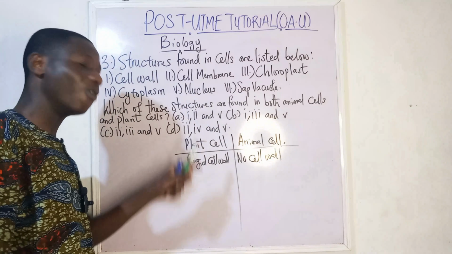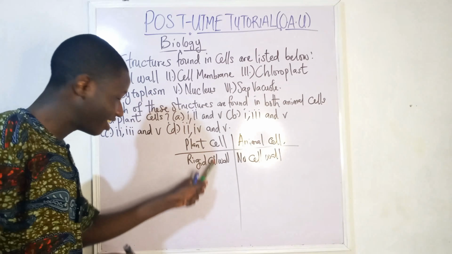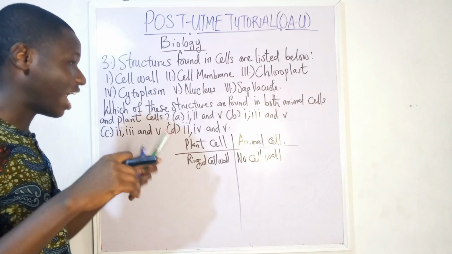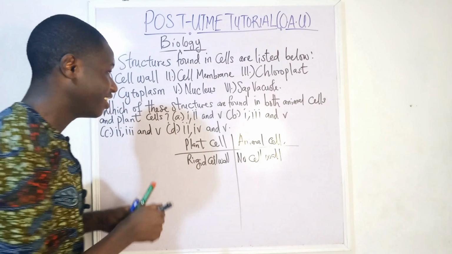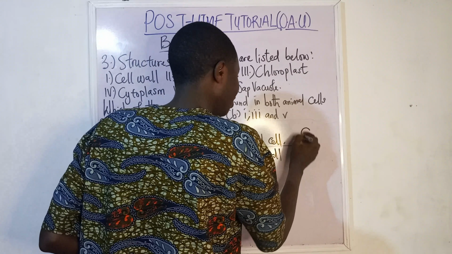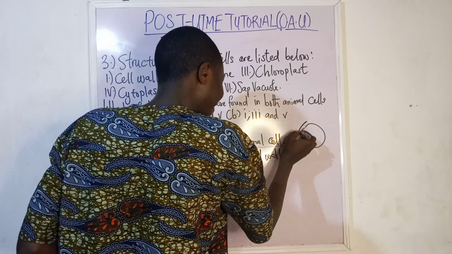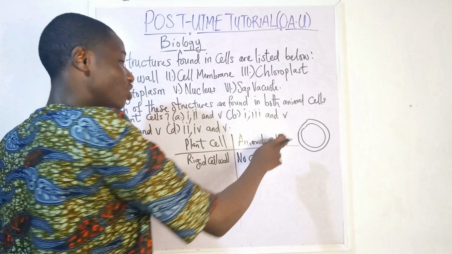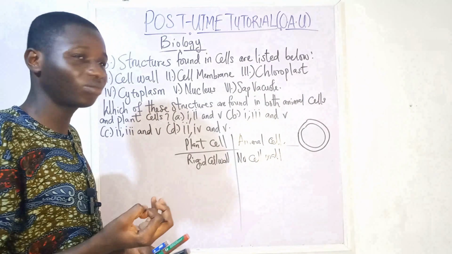right? Now, animal cell, instead of having a cell wall, they have cell membrane instead. But this cell membrane is also present in plant cell. After having the cell membrane, the plant cell still has a particular rigid cell wall that will be a guide for the cell membrane, because normally cell membrane is a little bit elastic in nature, right?